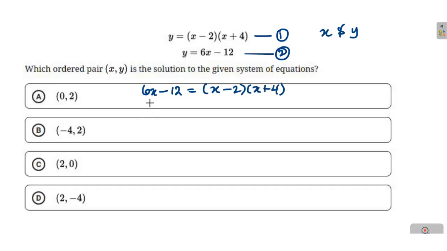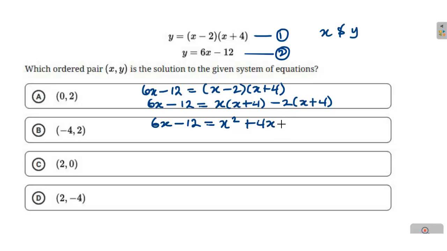Alright, so this will return 6x minus 12 equal to, let's open this bracket, x into bracket x plus 4, then minus 2 into bracket x plus 4. So we now have 6x minus 12 will be x times x, that is x squared, x times 4, that is plus 4x, right?